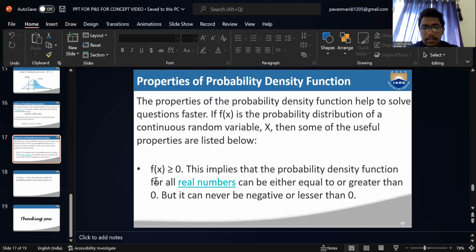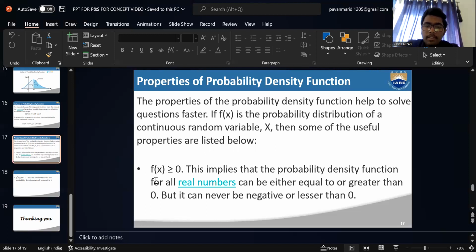Properties of probability density function. The properties of the PDF help to solve questions faster.